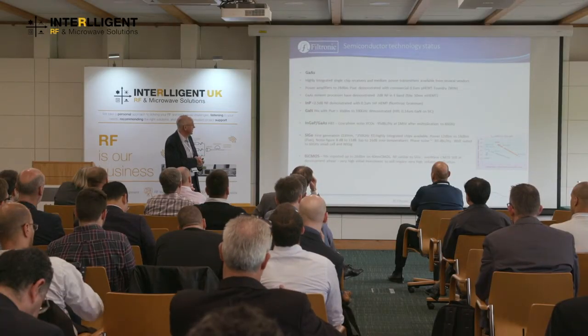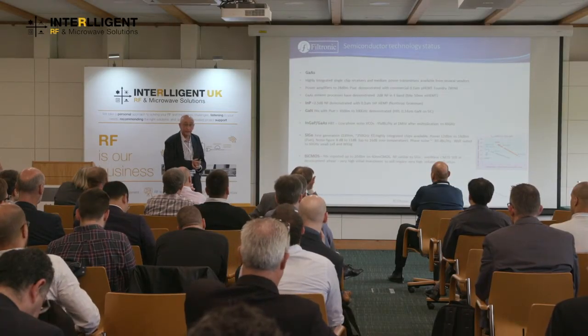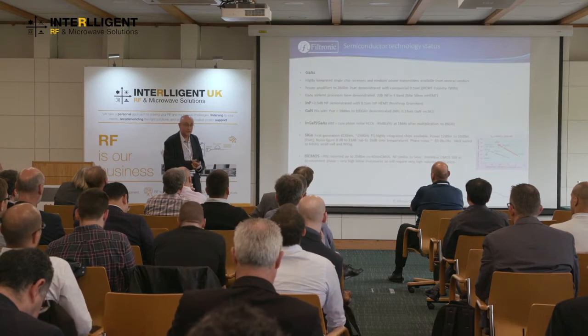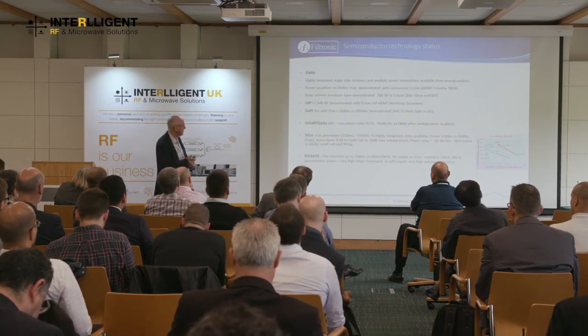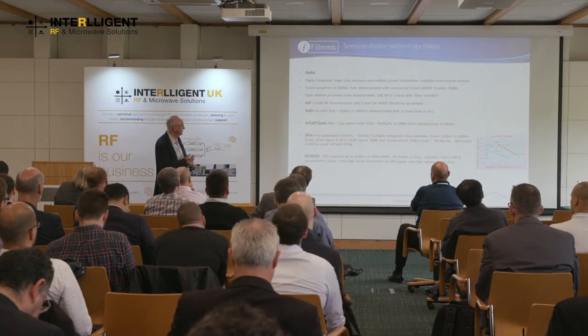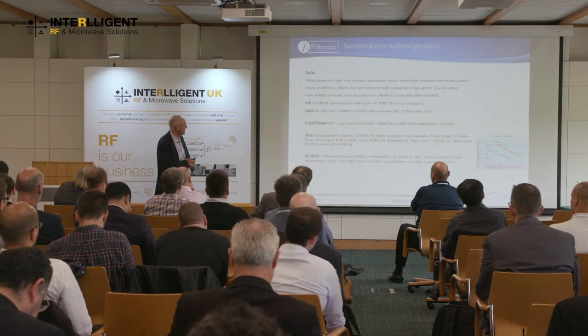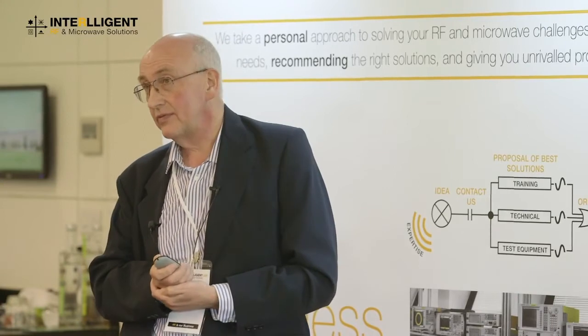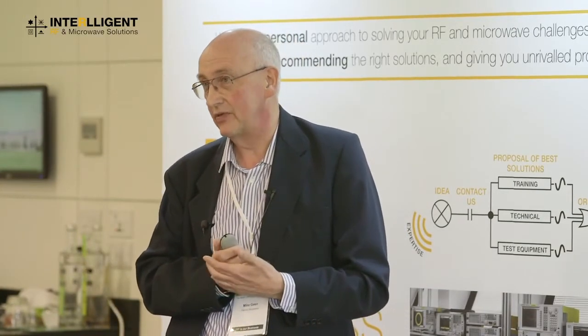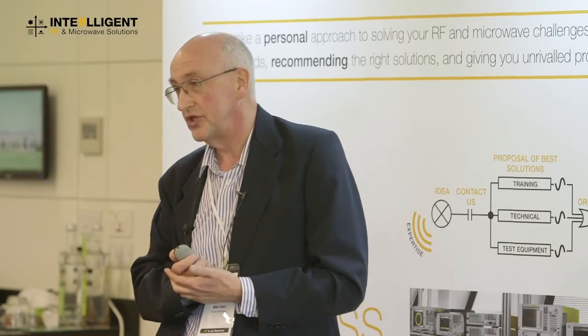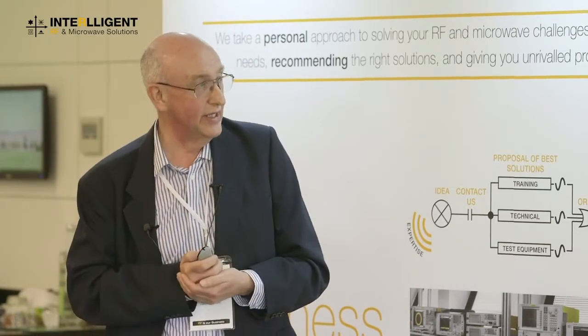Indium phosphide is great for LNAs. There are some good indium phosphide-based LNAs with very low noise figures, down to 2.5 dB. GaN really hasn't, well, there are some GaN processes at E-band, but they're very expensive. I've been quoted figures of $1,000 a chip for a GaN PA at E-band.